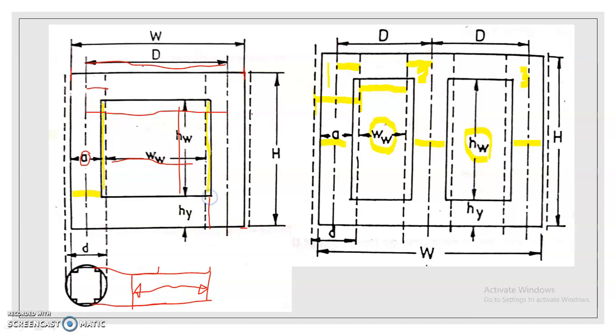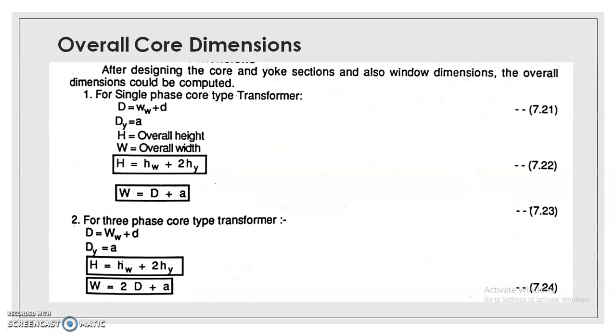This height is nothing but HY, and from this portion to this portion, this is nothing but HW. You can see HY plus HW. Again here appears height of yoke, that is HY. HY plus HW plus HY. So capital H you can define as HW plus 2HY simply.